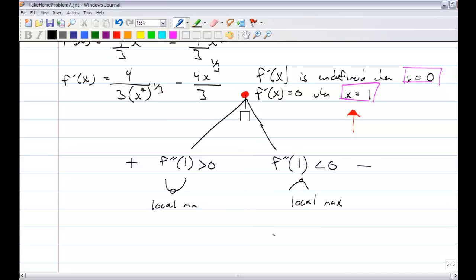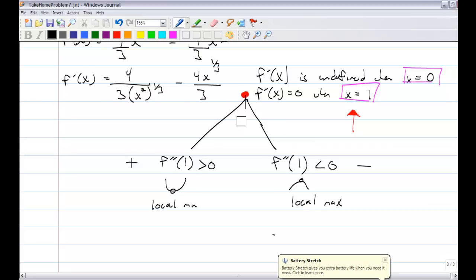So, on my 89 here, I'm going to ask for the second derivative of 4x to the 1/3 minus x to the 4/3. I said 89, please give me the second derivative.